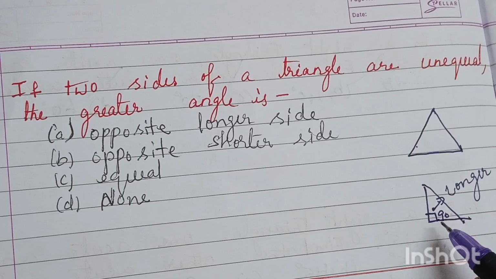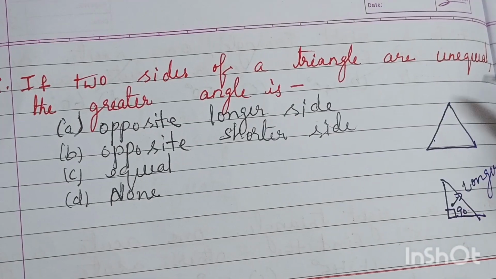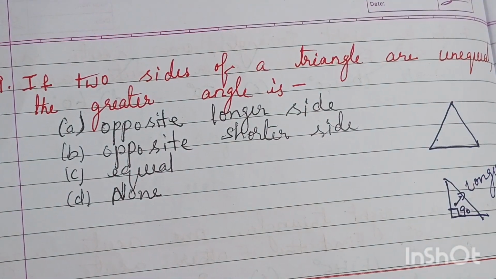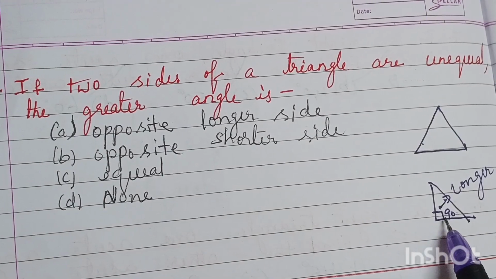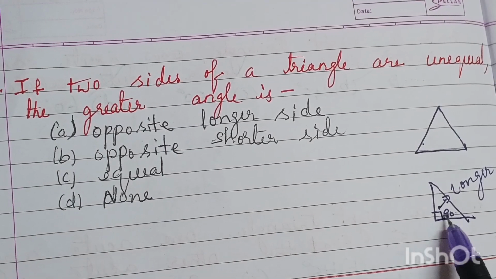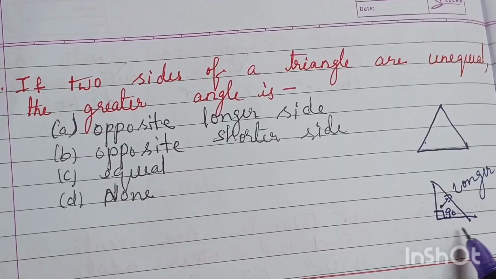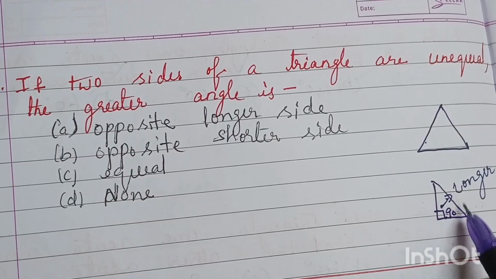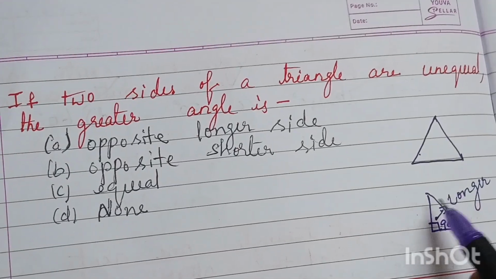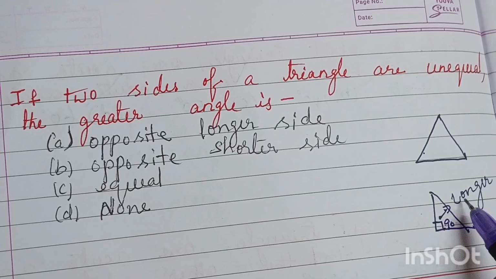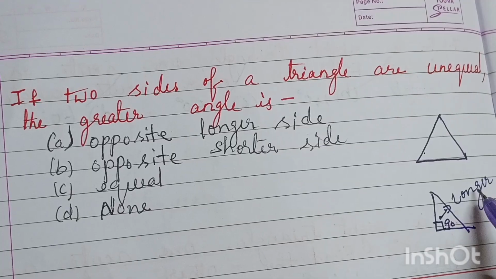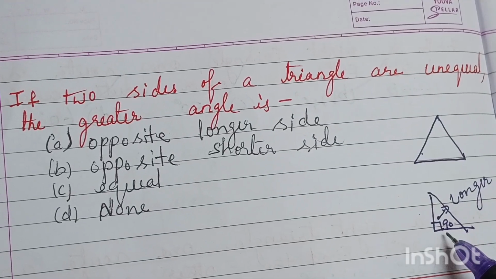Okay, in a right angle triangle, in a smaller triangle we don't know which angle is greater. But for a right angle triangle we can say exactly 90 degrees. The 90 degree angle is greater than all angles, no other angle can be acute. So the side opposite the 90 degree angle is always the longer side. So the angle opposite the longer side is always greater.